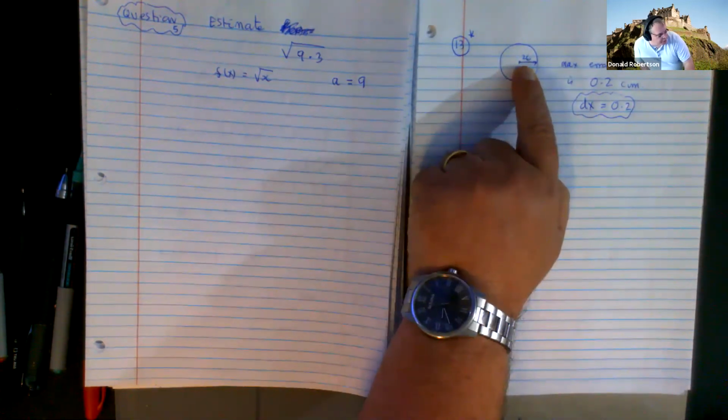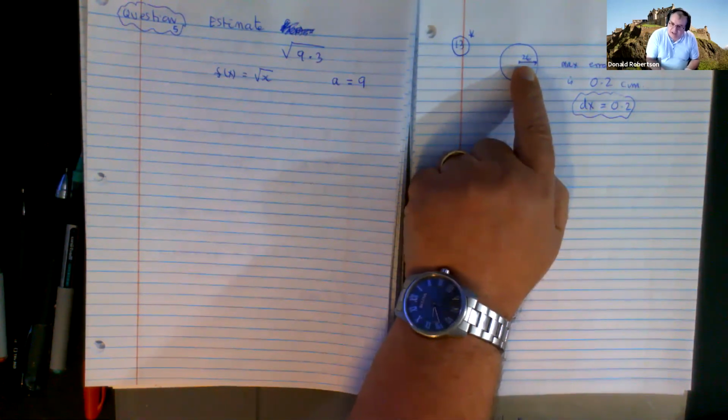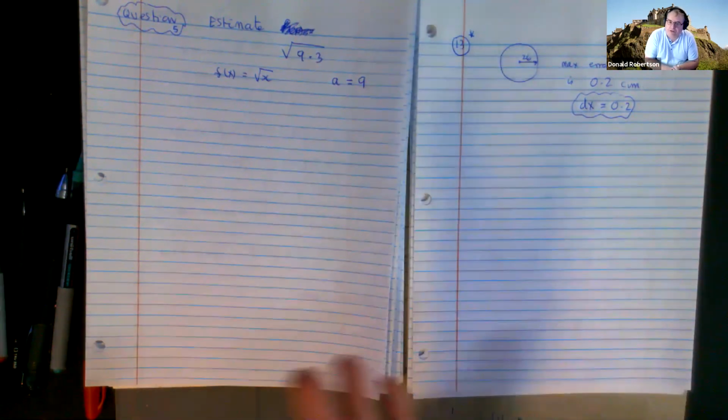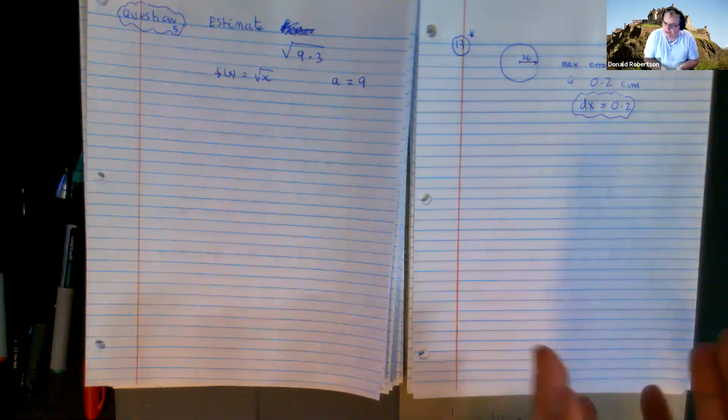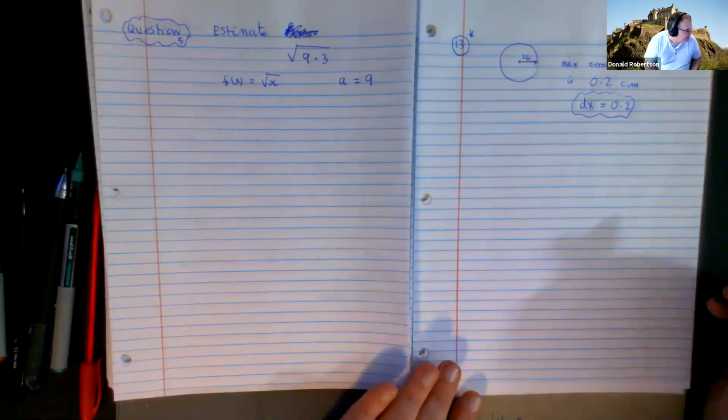They've essentially told us that dx is 0.2. That's just the way they phrase it. So this 26 might not be 26. It might be 25.8. It might be as big as 26.2. The dx is the variation, right? When you measure something, you never measure it exactly in the real world. There's a bit of give or take. In this case, it's quite a big give or take.